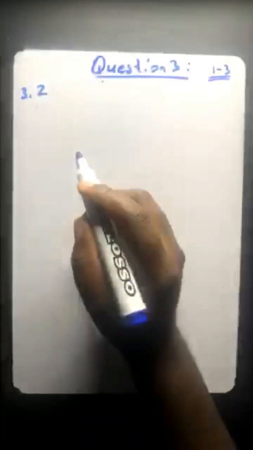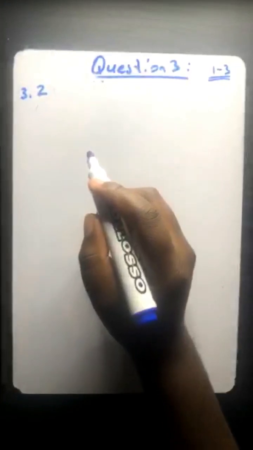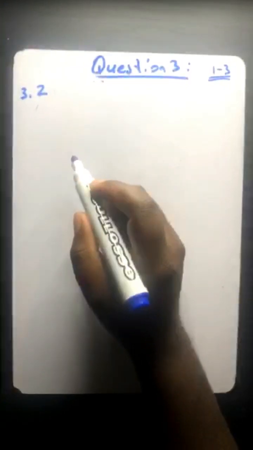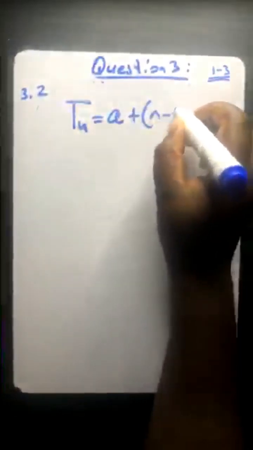This is where it gets a bit tricky. They say a linear pattern has a difference of 3. So we just know that from this formula, Tn is equal to a plus (n minus 1) d.